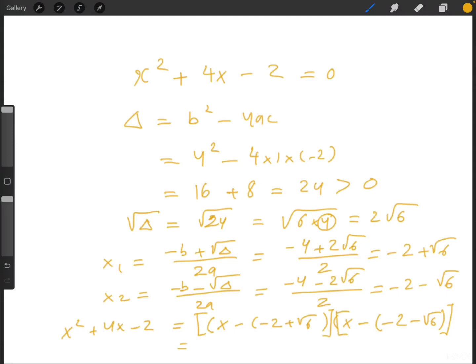Simplifying, we have (x plus 2 minus square root 6) times (x plus 2 plus square root 6).